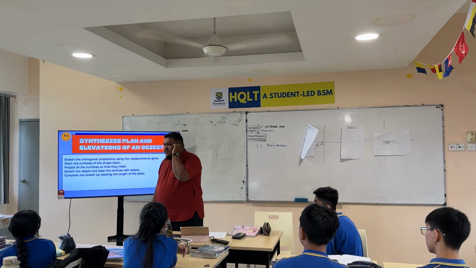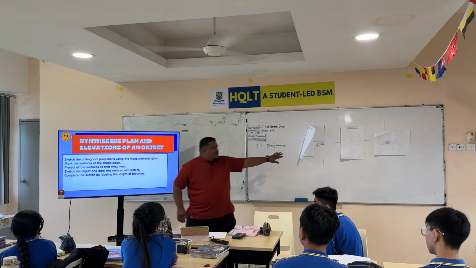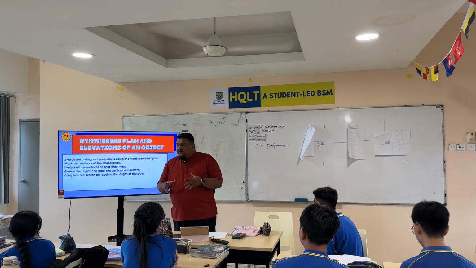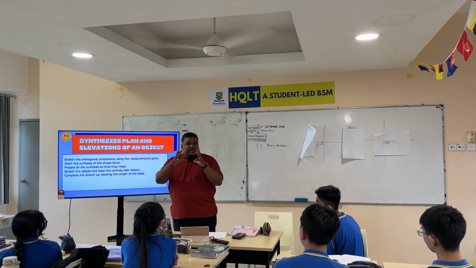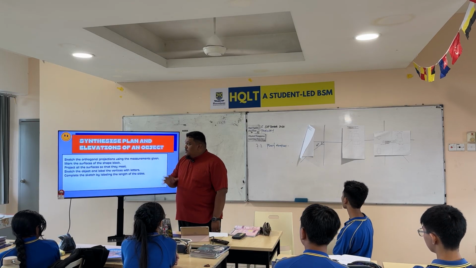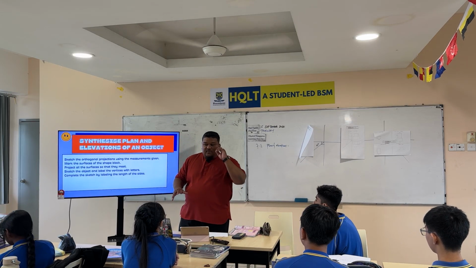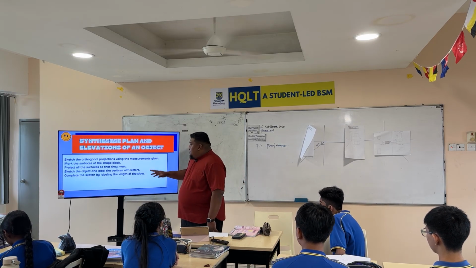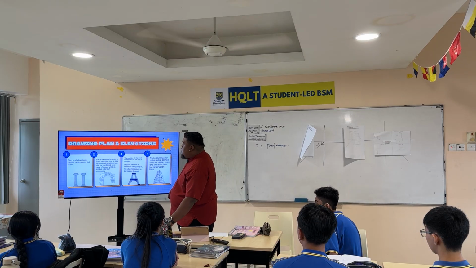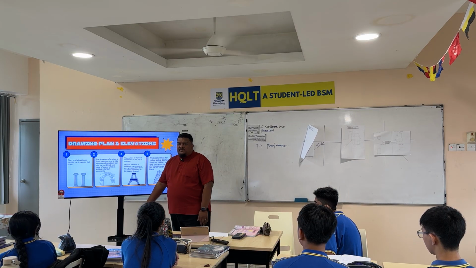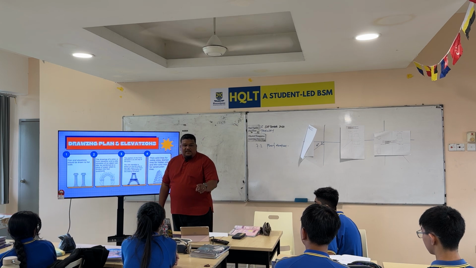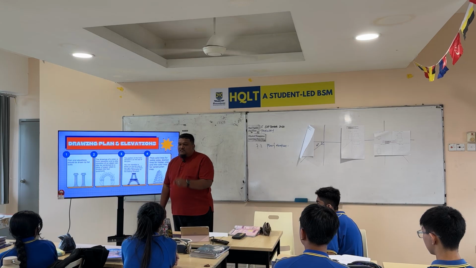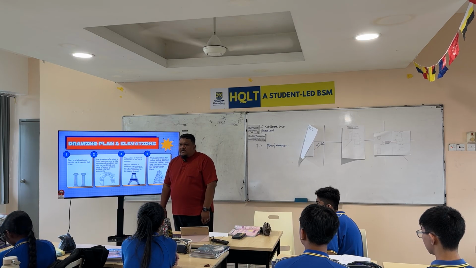You have to imagine whatever criteria is given in the question, how the object would be. After you get a rough idea of what the object is going to be, then you draw the plan and elevation. Without realizing it, you have done two things in one way.